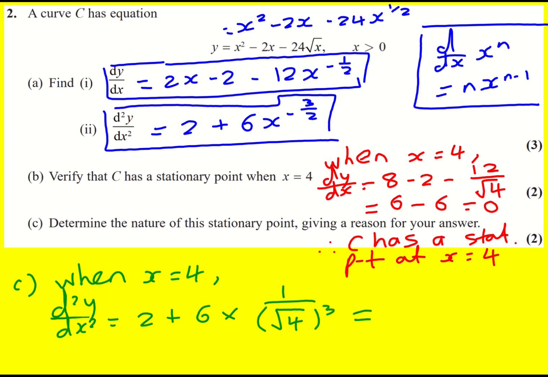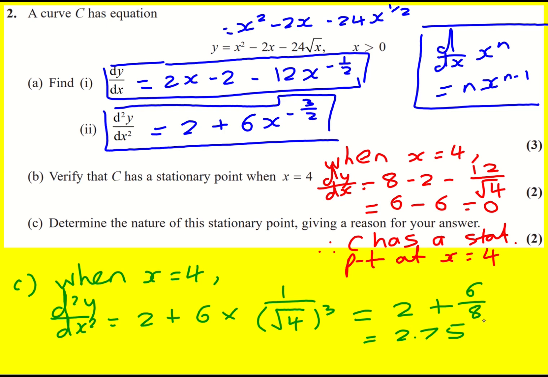By all means, use your calculator for that. Just do 4 to the power minus 3 over 2. But it's going to be 6. I mean, it's definitely going to be positive. 2 plus 6 over, it's going to be 8 actually, square root of 2 times 3. So 2 and 3/4 or 2.75.